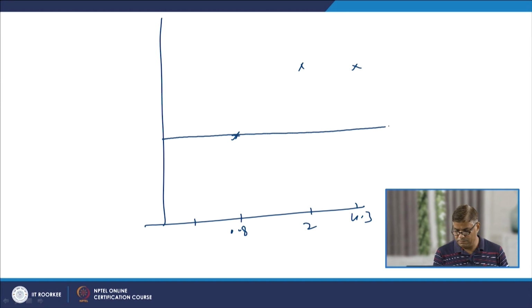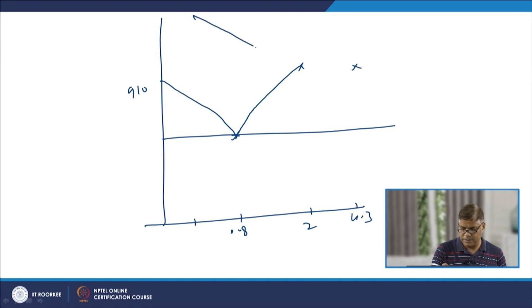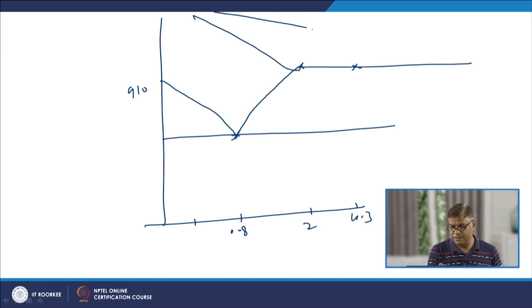So, this is one simple lower critical temperature line, and this is the 910 degrees centigrade temperature, and this is another line, it will be going like this. This is the broader structure.